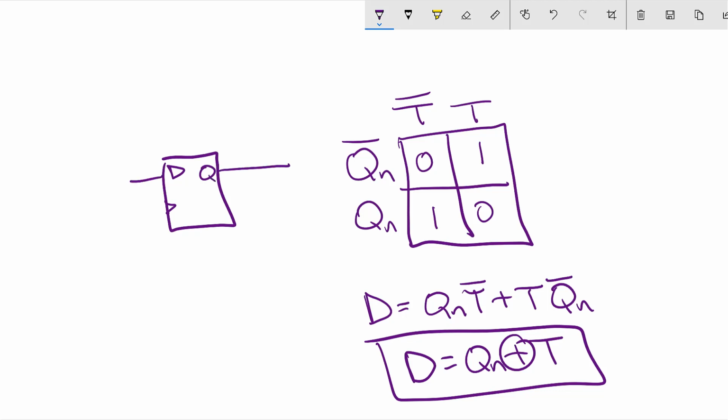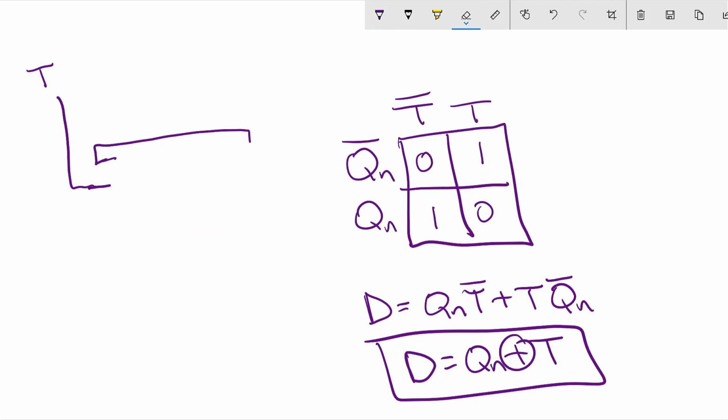We want to input T. So what's gonna happen is this is going to be XORed, so we're gonna have Q coming back around. And actually, this input has to be, oh my gosh, I'm just gonna start over.